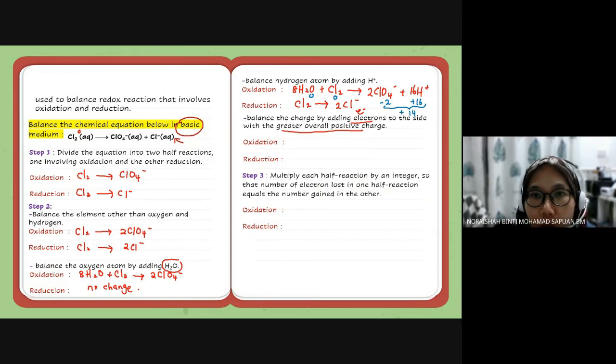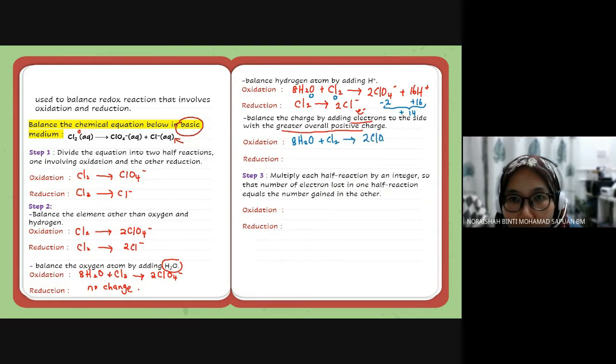Okay, so kat sini kita nampak unbalanced. So that we need to add electron at the right side. Okay, yang greater positive charge tu sebelah kanan, jadinya kita kena tambah elektron di sebelah kanan. So persamaan tu akan jadi 8 air tambah klorin, 2 ClO4 minus, then 16 hydrogen plus 14 electron.